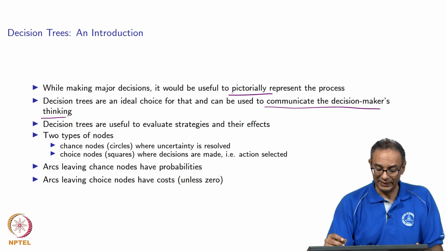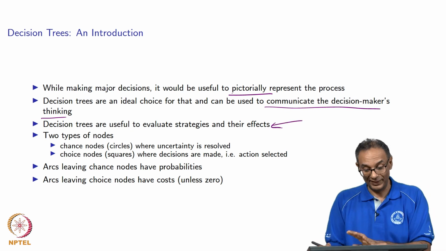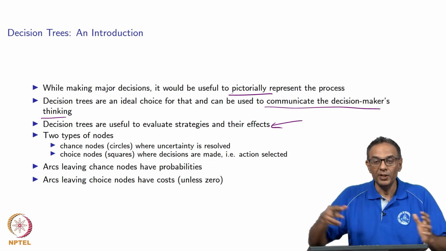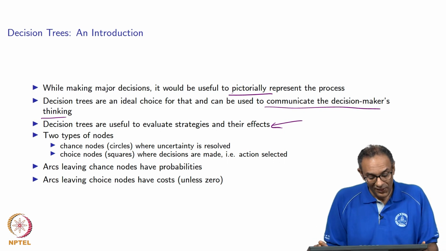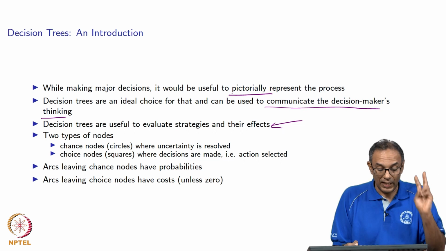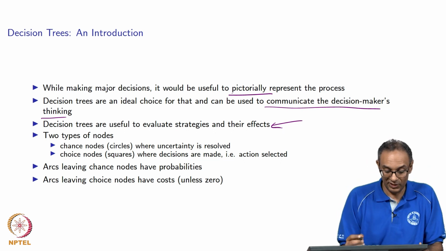Now, it turns out that it is nice to also evaluate strategies and look at their effects. And in fact, once you put something down in a decision tree, you can even write a little program to do this automatically. Okay? Now, in a decision tree, unlike several other trees, there are two types of nodes. In most trees or most networks, there is only one type of node. Here there are two.